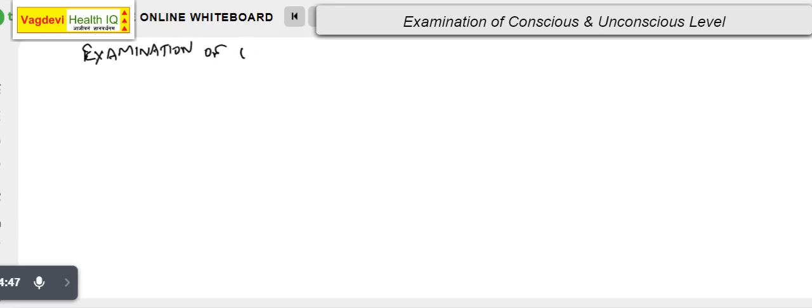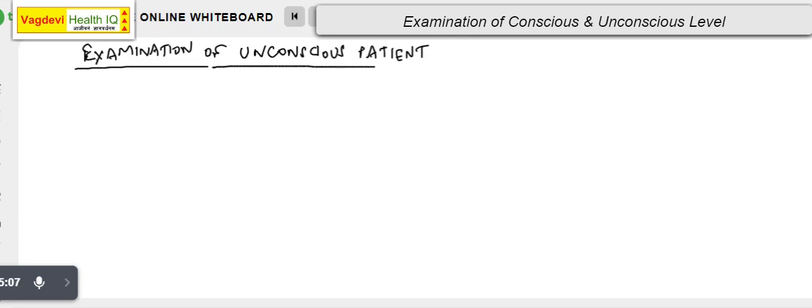Examination of the unconscious patient. See, I always teach that way. First I go with conscious. Once you understand that, then only I go with unconscious. After learning these things, you will see that, sir, it was almost the same. Yes, it is, but you should learn what the assessment factors are and how we can categorize them in terms of numbers.